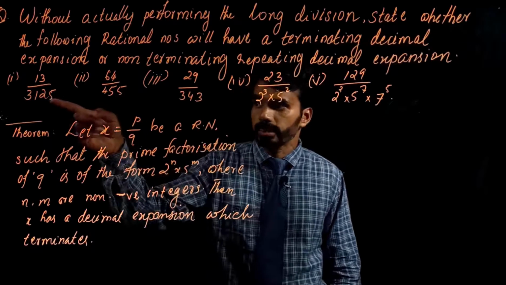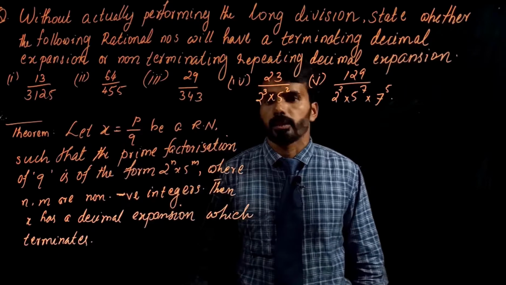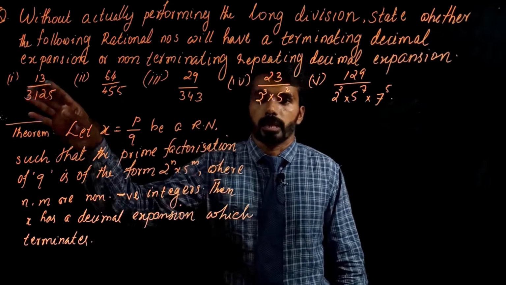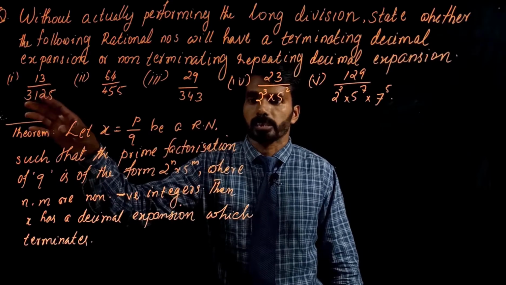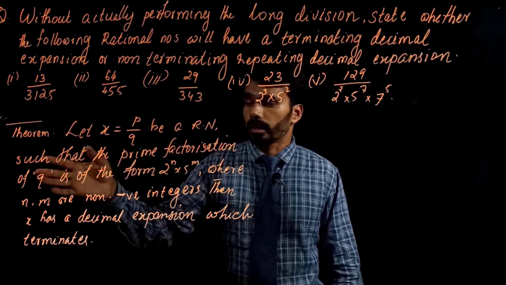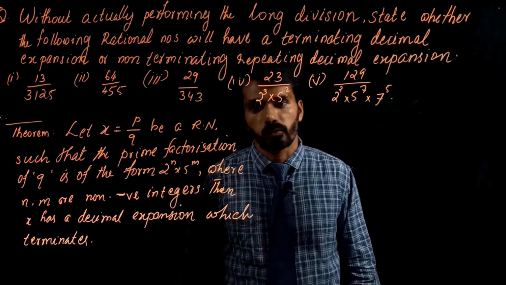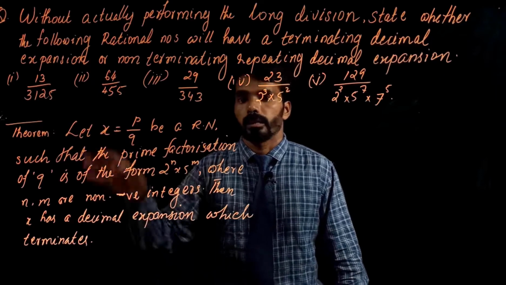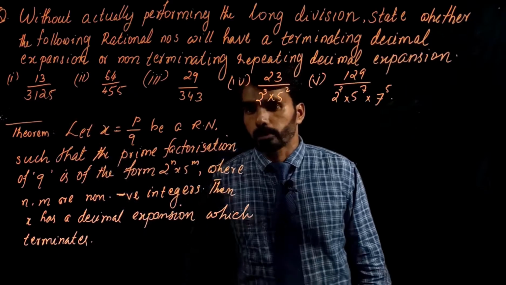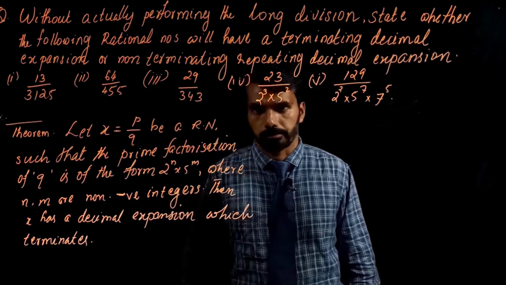If we can write the denominator of this form, then the rational number has a decimal expansion which terminates. If we cannot write the denominator of the form 2 raised to n into 5 raised to m, then the rational number has a decimal expansion which is non-terminating but repeating.